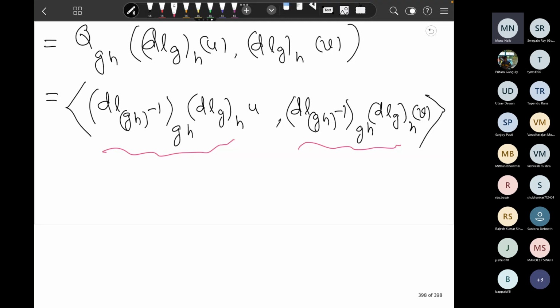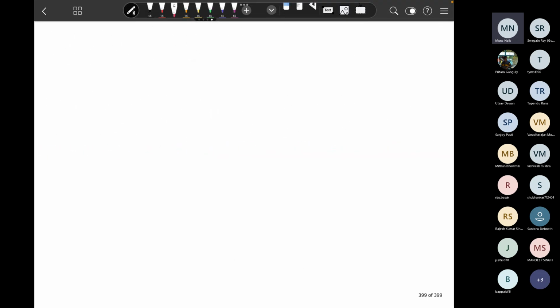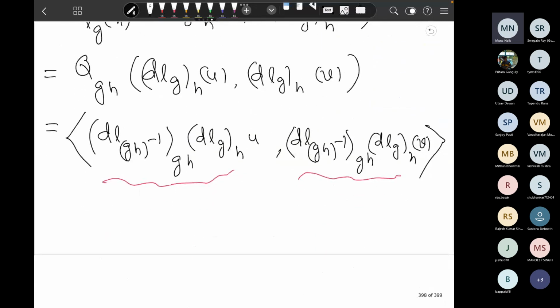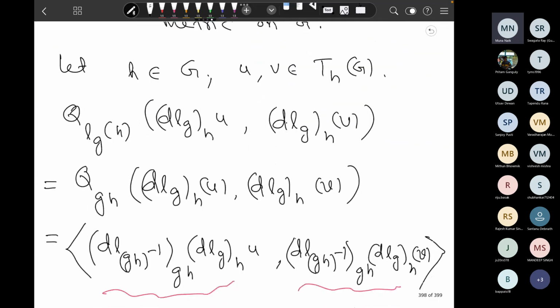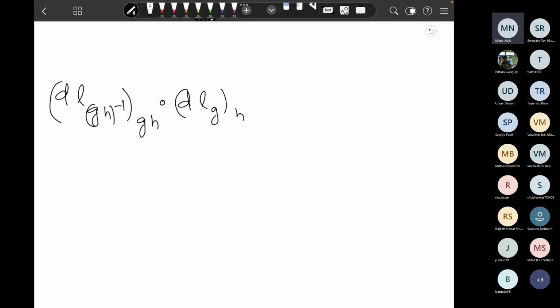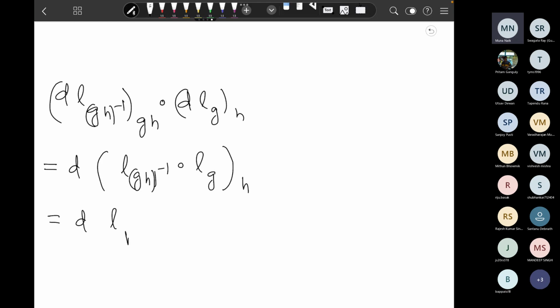Let us use a fresh space. This is the D of L GH inverse composition LG at the point H. We use the fact that L of A dot B is really LA composition LB.